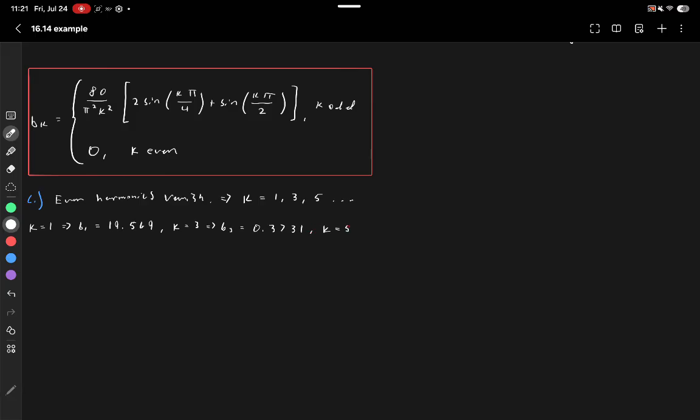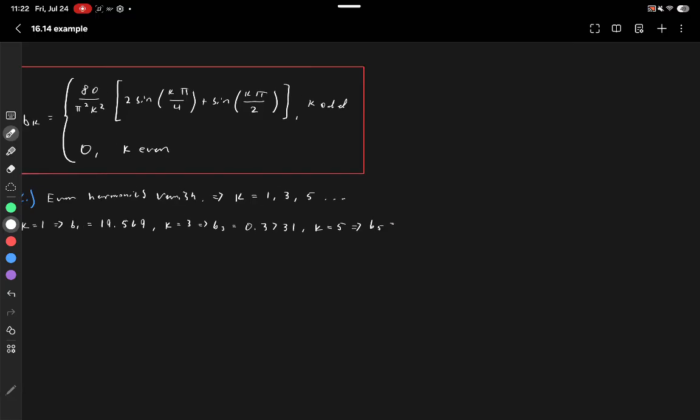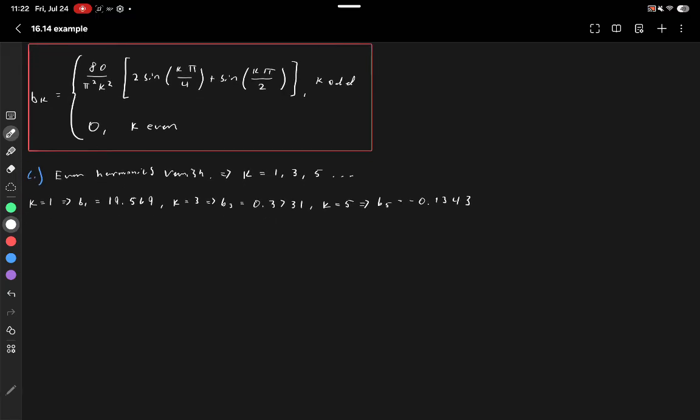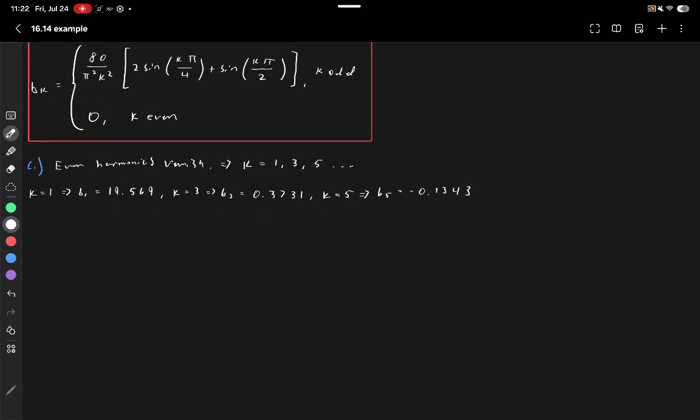Lastly, we could keep going, but we're not computers, so we're just going to get a good idea of what's going on here. Our b sub 5, plug in those 5s, and what I get is negative 0.1343. My apologies. There we go. Okay.